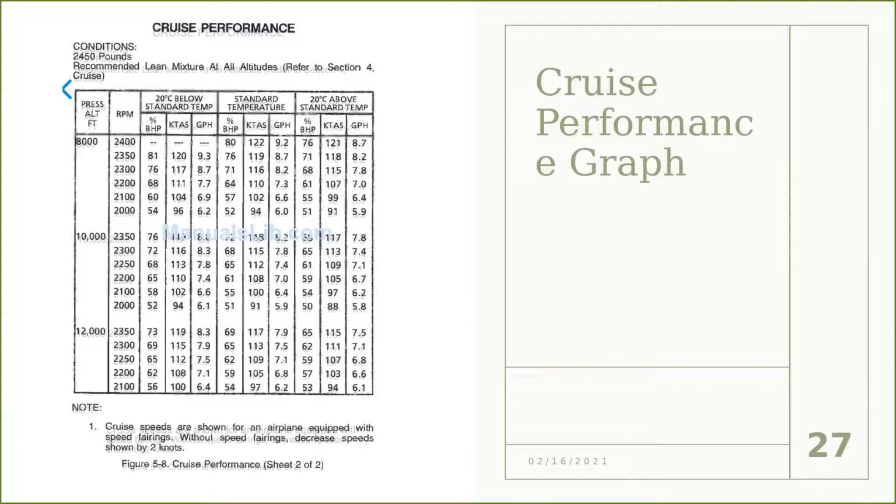So if we're going up to 8,000 feet, that's 8 times 2, which gives us a 16 degree difference, right? Well, if we're climbing in altitude, it's going to get colder, not hotter. So we're going to take 16 away from 15 and give us -1 degree Celsius as the 8,000 foot standard temperature. At 8,000 feet, the standard temperature is -1 degree Celsius.